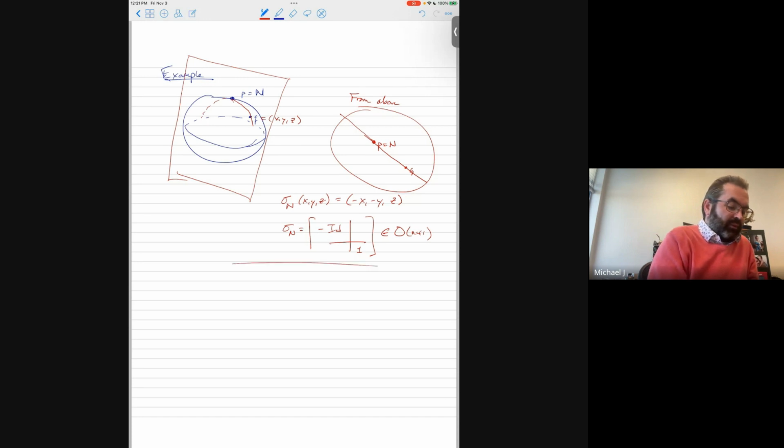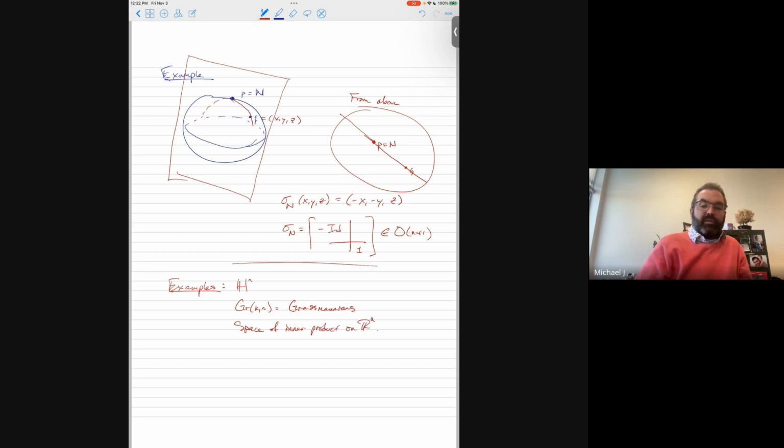Okay, other quick examples, which I won't compute, but I'll write down since they're familiar: hyperbolic space (I don't know how to draw it), Grassmannians, the Grassmann manifolds, and one of my favorites, the space of inner products on R^n, which is naturally a symmetric space.